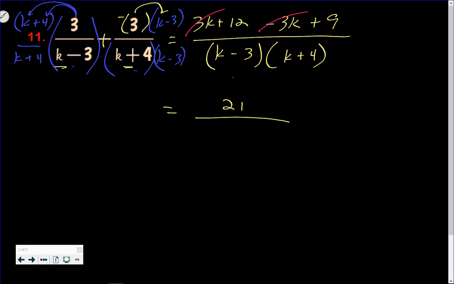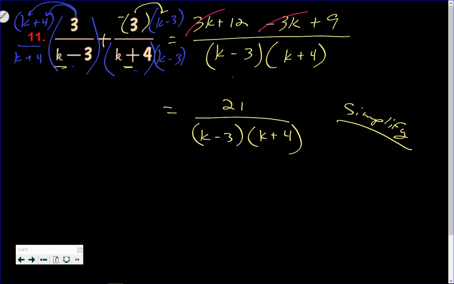Good. Now, should I go ahead and foil this or go ahead and leave it? Just leave it. Because you are wanting to do what? The simplified form. So don't foil it back. Just leave it like that. Very good.